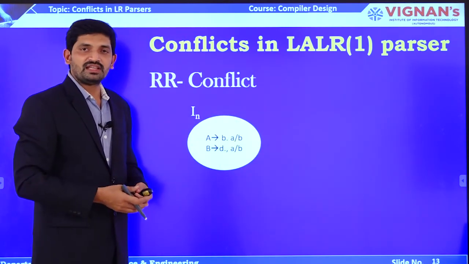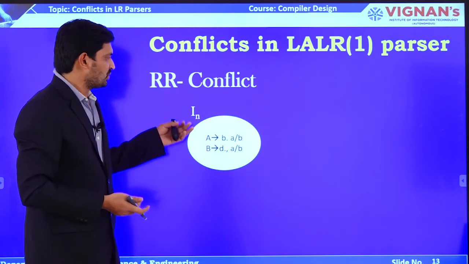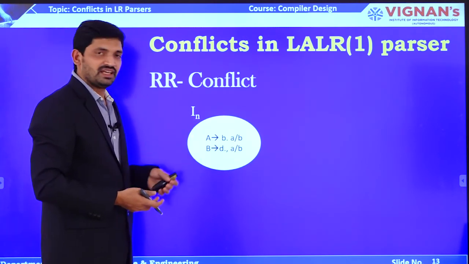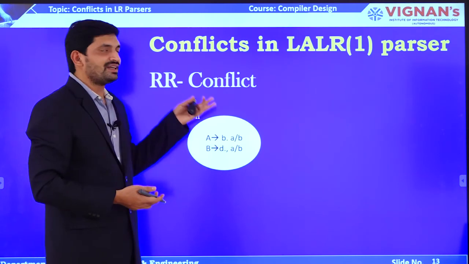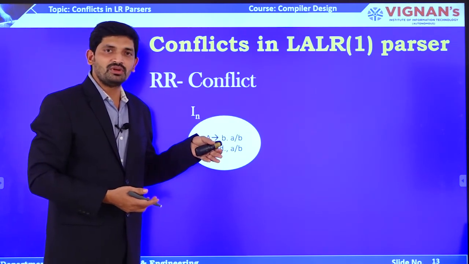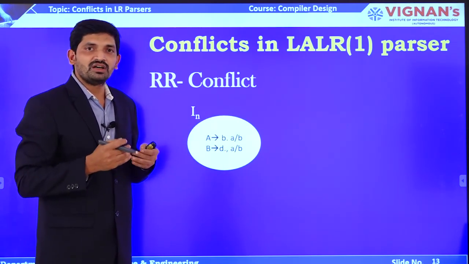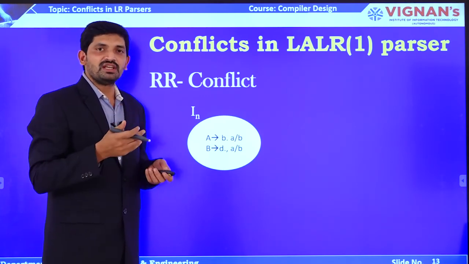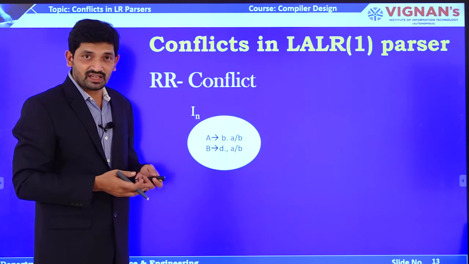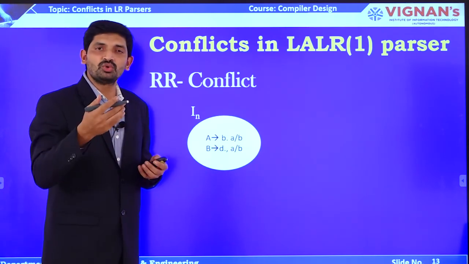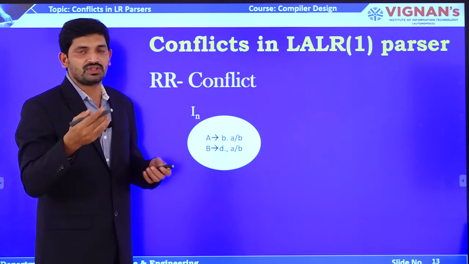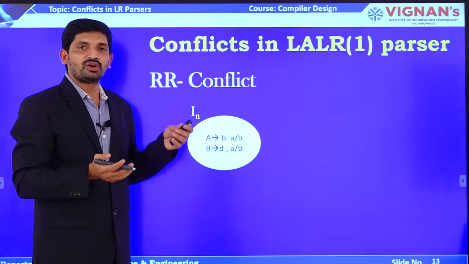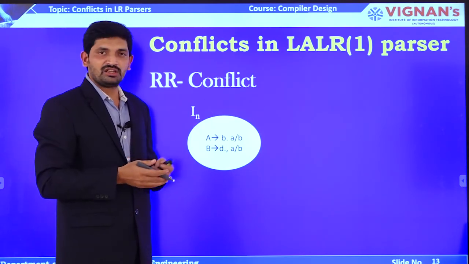RR conflict in LALR1 parser. Here my state is I_n, and we are getting this LALR1 parse table by combining various states in the CLR1 parser. That means, while constructing the LR1 canonical item set, if two states consist of the same productions with different look ahead symbols, we are going to combine them in the LALR1 parser.